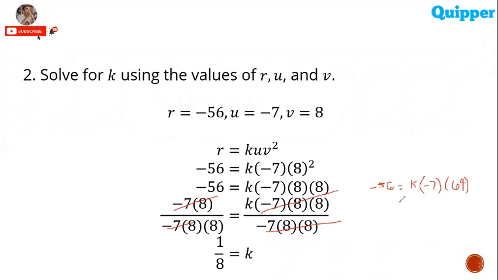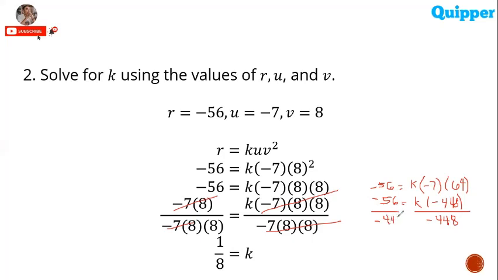Then you can multiply -7 and 64, that is -448, so -56 is equal to k times -448. From there, you find k by dividing both sides by -448.